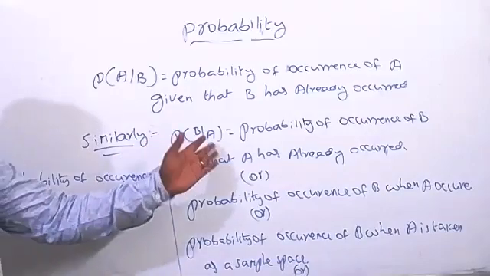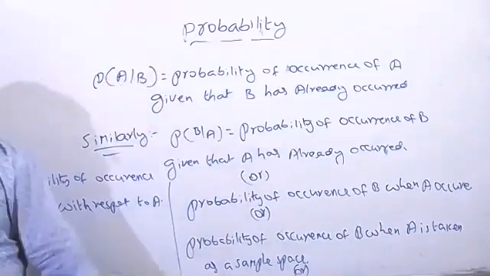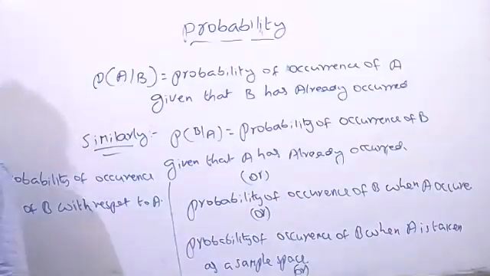Probability of B by A means probability of occurrence of B given that A has already occurred. You can write this in your classwork as the meaning of conditional probability.